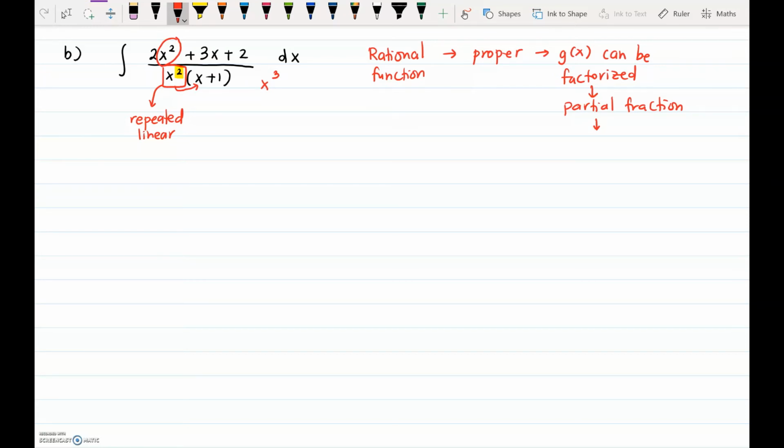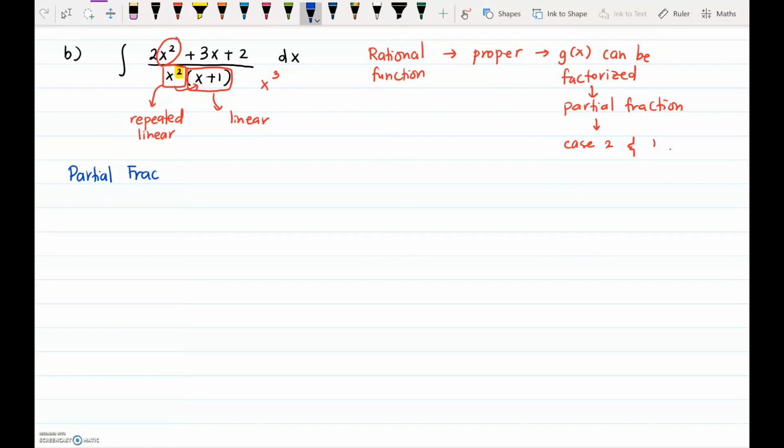So you have repeated linear factors. Another one we have here is x plus 1, which is a distinct linear factor. That means it is a combination of case 2 and case 1. Alright, let's proceed with the partial fractions.